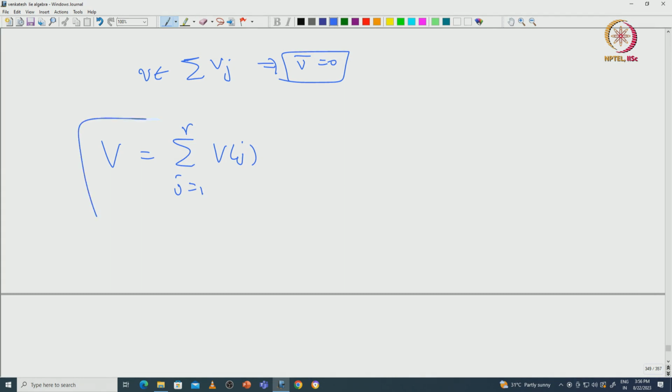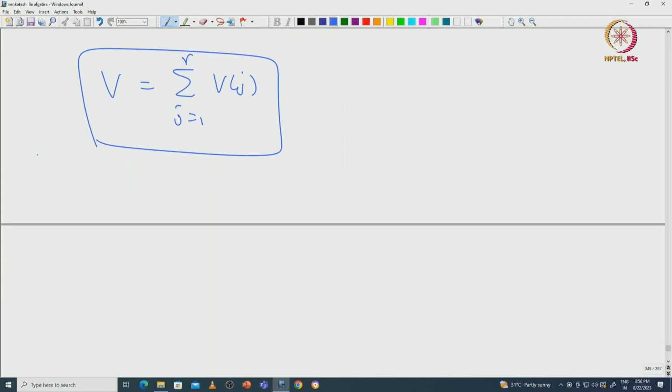So now we want to prove that this is also actually a direct sum. If not, then what will happen? There exists some non-zero vector which will be inside this V of j intersection summation V of k, k not equal to j. Okay.